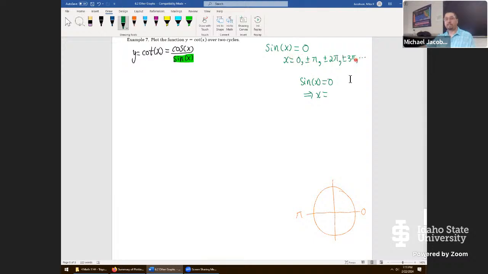This whole list of zeros could be reconveyed as k times pi, where k is any integer. By integer, we mean the counting numbers 1, 2, 3, 4, 5, including 0 and all of their opposites. So if k takes a value of 0, you're getting to this one. If k is, say, 3, you have the positive 3, and it generates the whole entire list. Just insert any integer. So that's where all of our vertical asymptotes will be located.